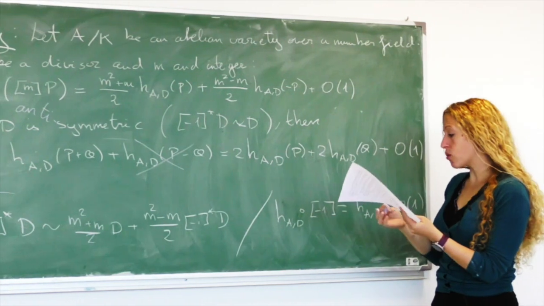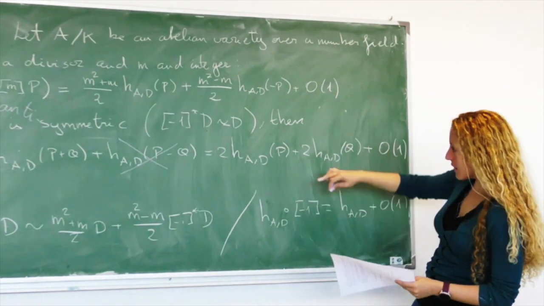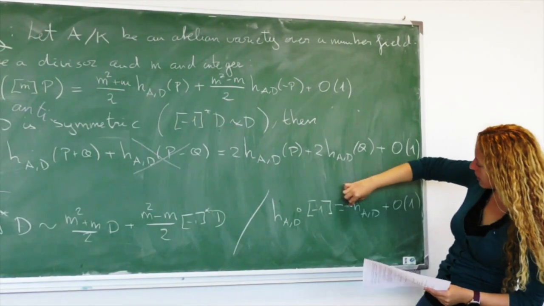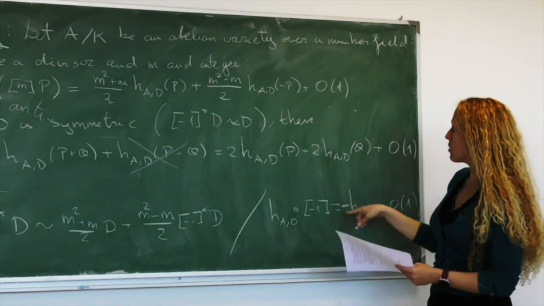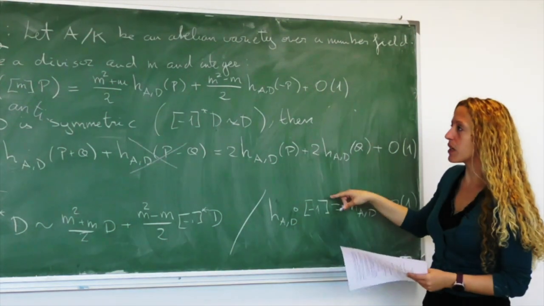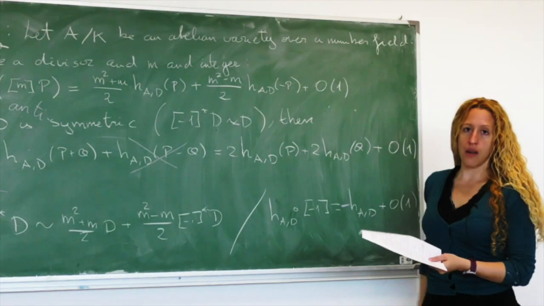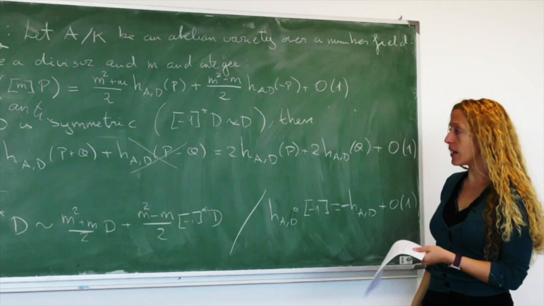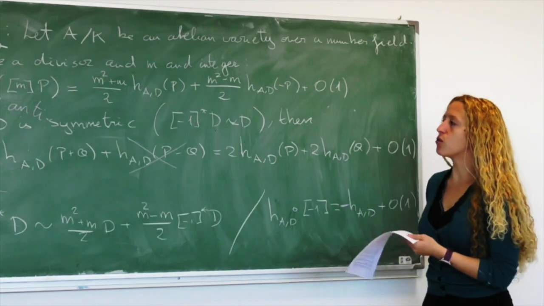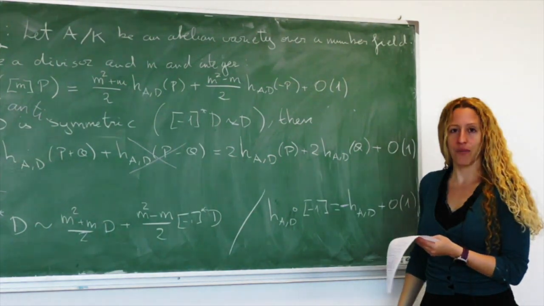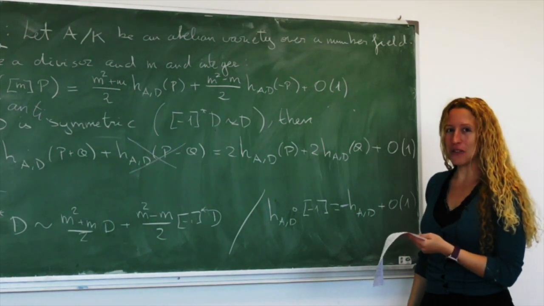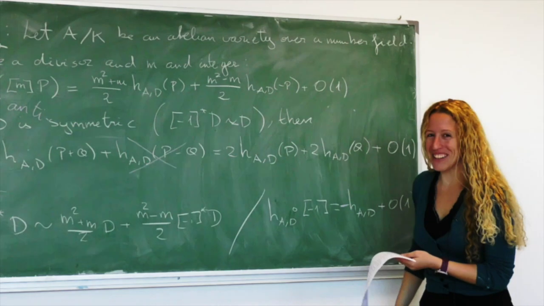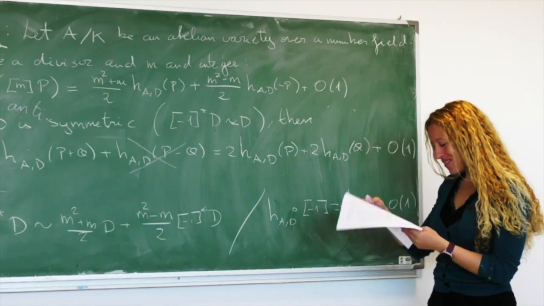How the proof goes in this case: you just have to notice that these relations get a minus. And then again, if you use, as before, this relation with the properties of the Weil height machine, you can deduce this equality. I leave this as an exercise for you, so you can check the details and that what I'm saying is true. Okay, very good.